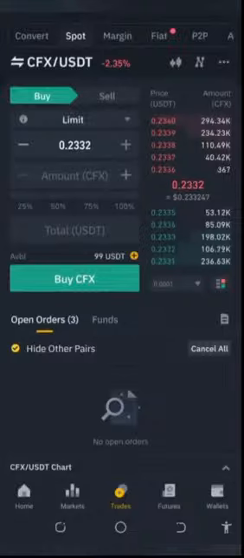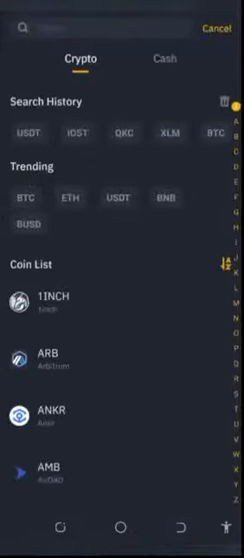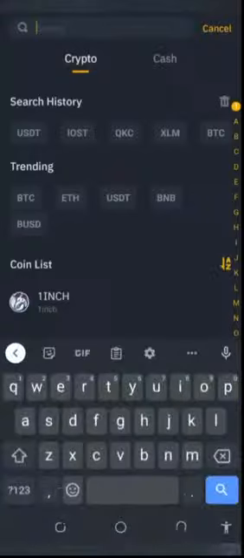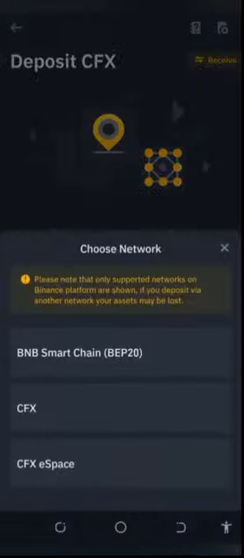So let me get my deposit address here. My deposit address for CFX, I'm just going to send it back, since I can't get to change it. Okay, now we have CFX eSpace. Awesome. Now, can you just imagine that? To deposit it here, I'm seeing CFX eSpace, but to send it over, CFX eSpace wasn't showing up.